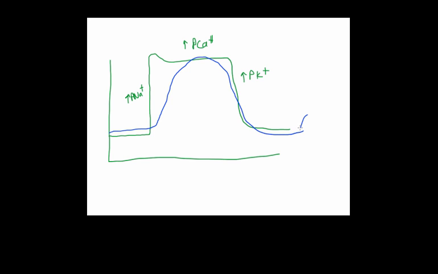So this blue line is force, and the green line is membrane potential. And what you can see is that the membrane potential doesn't finish repolarizing until the muscle's almost completely relaxed again.